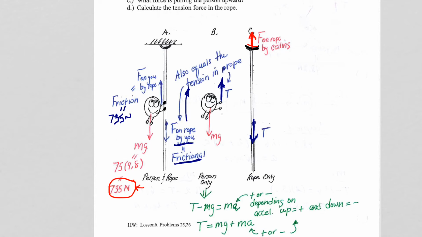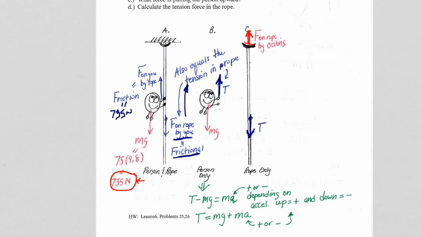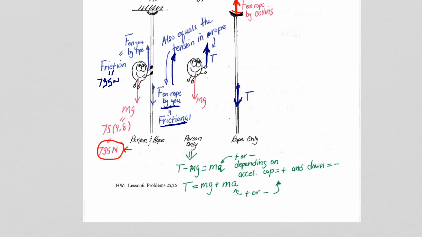Well, to finish up this problem and see how we handle the person accelerating up the rope, we focus on just the person. So we have the friction in their hands, which translates to the tension in the rope going up, their mg going down, and that will equal the mass times the acceleration of the person.